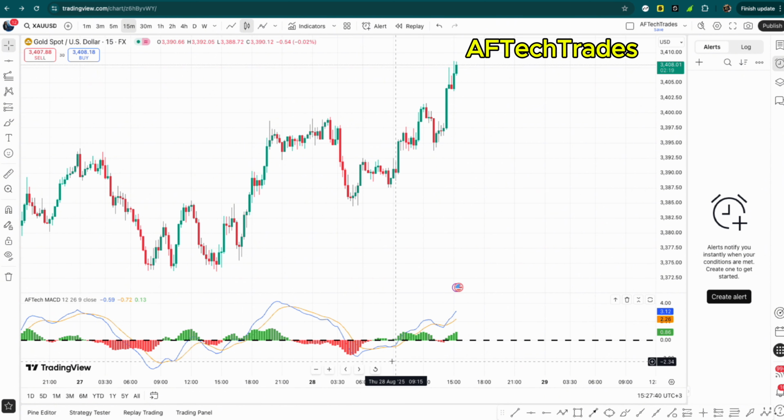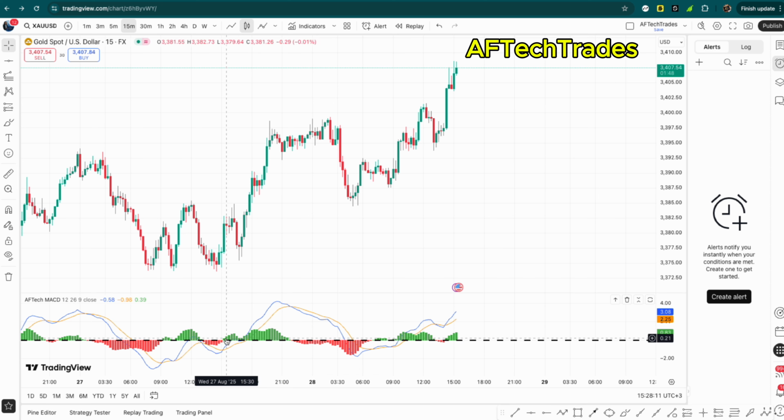So now the major strategy we are using with this is when these 2 lines cross above this 0 line, this histogram, we will be looking for a buy position just above here, right? Once it crosses here and we find out that this histogram is becoming green, these candles have changed to green, we will be looking for a full buy position.